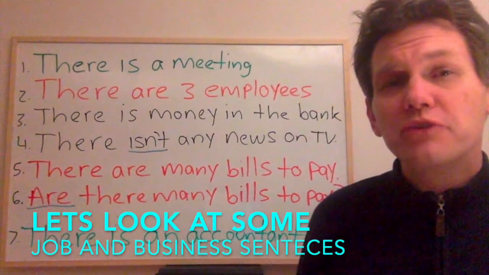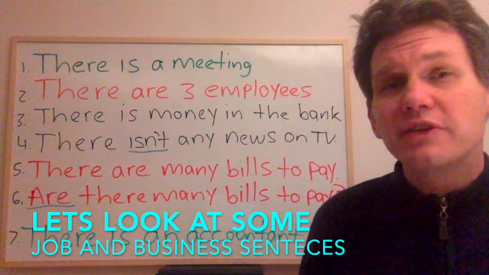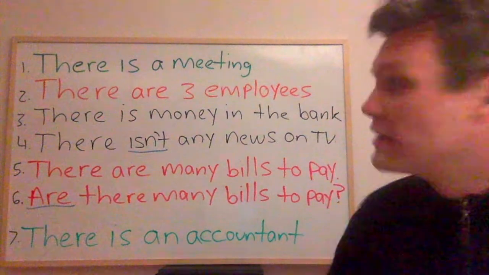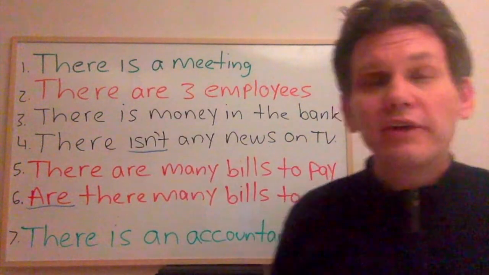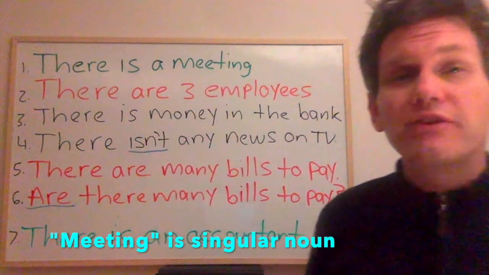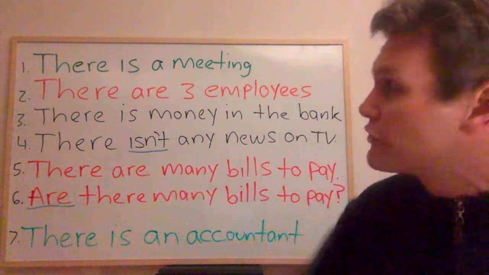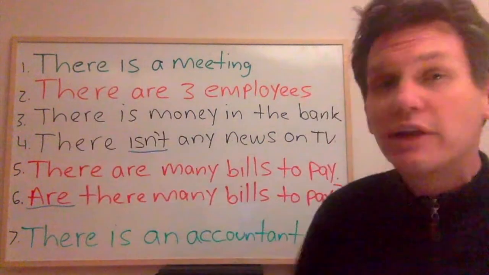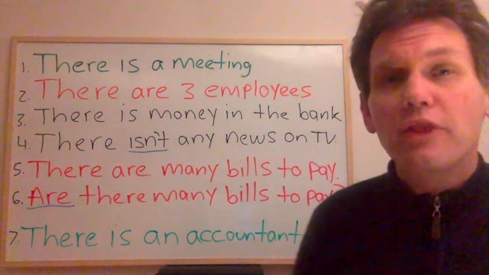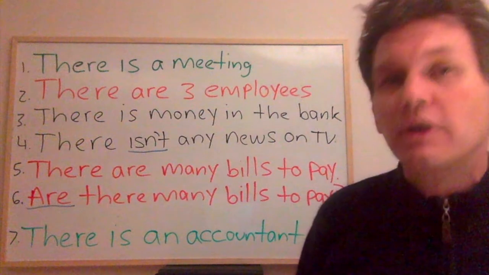Now let's look at some job and business related sentences using there is and there are. Number one, there is a meeting. So as you can see, meeting is a singular noun, so it's going to take the there is singular form. Number two, there are 3 employees.